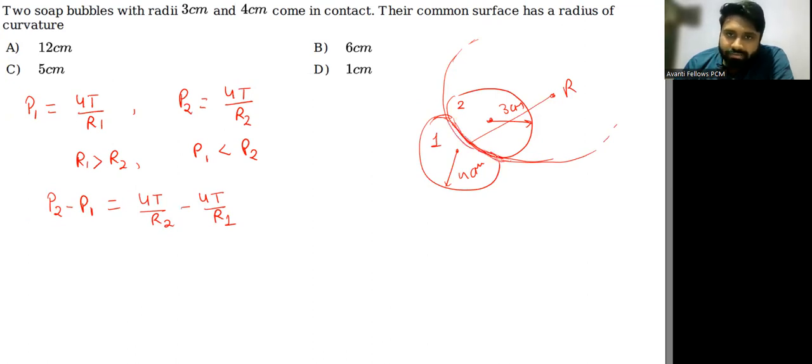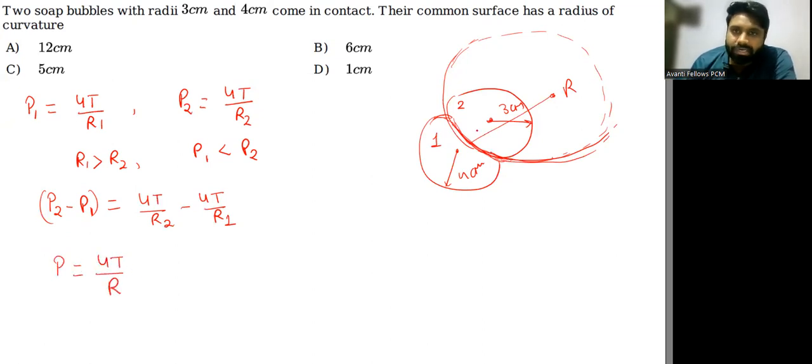So we will consider this contact to be a bubble having the excess pressure of P2 minus P1. We will consider it as P. P is nothing but 4T upon, let's say, capital R, because R is the radius of this bubble. This P is nothing but the pressure difference between these two bubbles. That is why this interface has been developed.